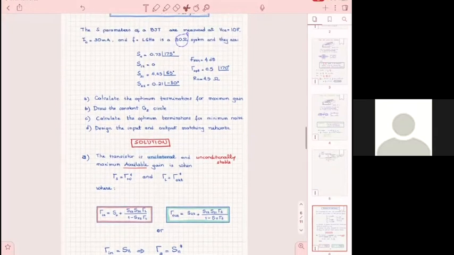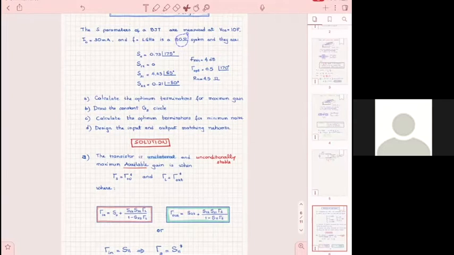And especially this transistor. The transistor is unilateral and S11 and S22 magnitudes are less than 1. What happens to that? It is unconditionally stable. Okay? Do you remember that?